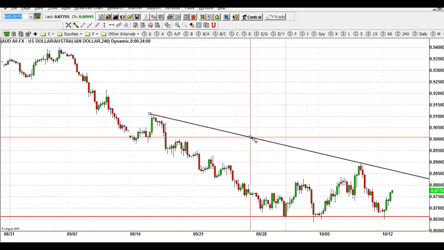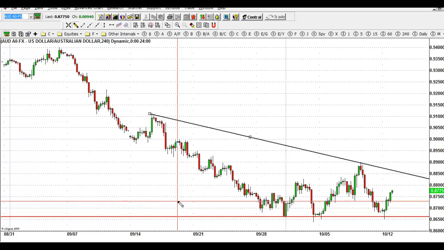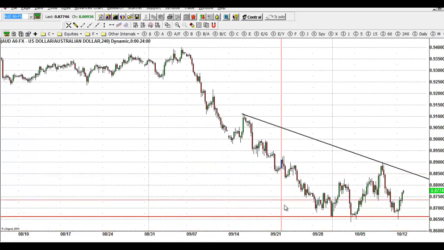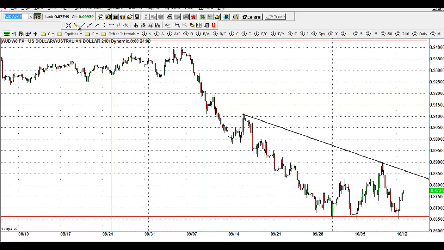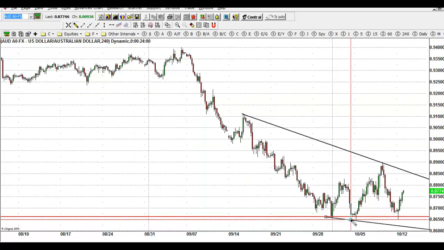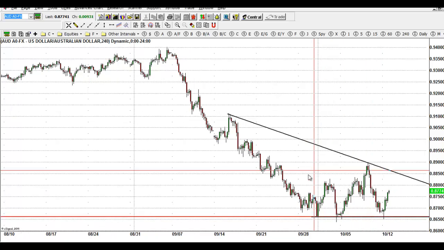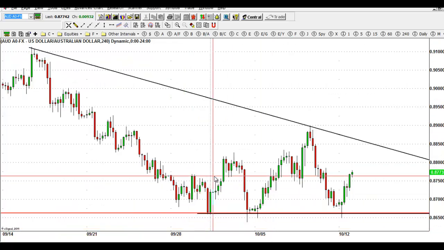This is a 4-hour chart, and we can draw a trend line. That's a trend line, and this base could be the base of the triangle. This is not confirmed yet, but this is what could play out. The confirmation would be if the market comes up to this trend line and is rejected at the trend line.